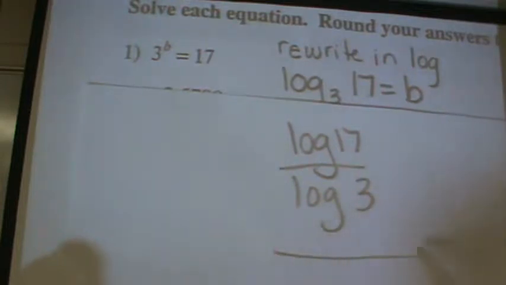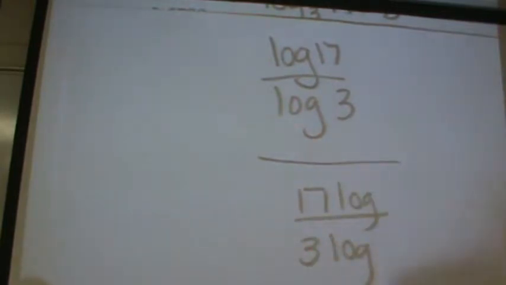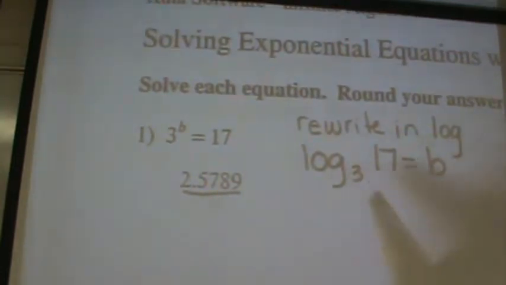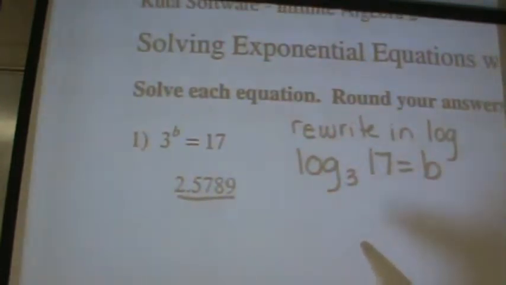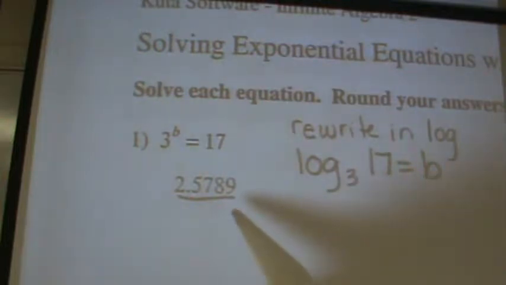If you are using your calculator on your cell phone, you type it in as 17 log divided by 3 log. Now, you can use your cell phone to do homework, but you can't use your cell phone on a test. So make sure you can type this in, and you got it. 2.5789.